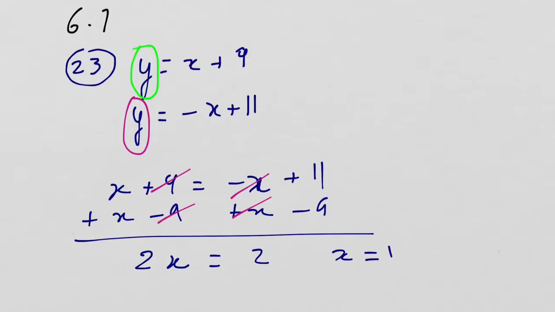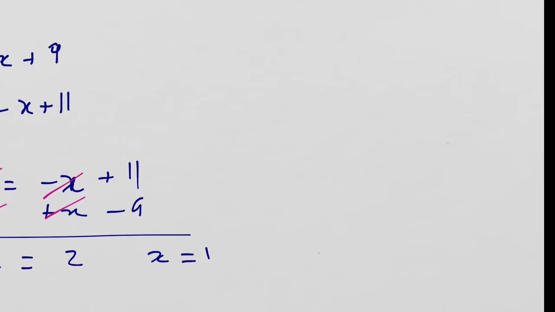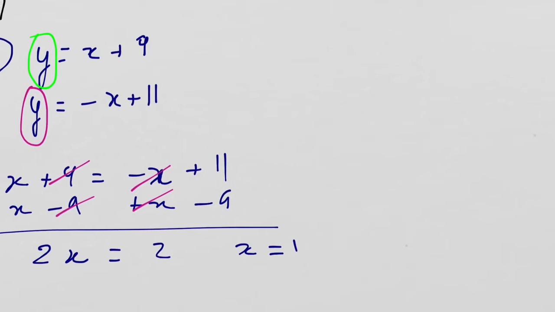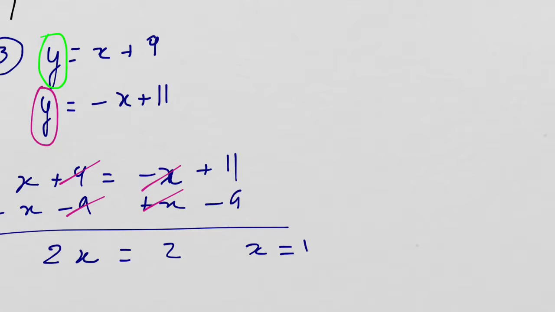Now, because x equals 1, I can substitute x in both equations, and I'm supposed to find exactly the same value of y. So when I look at the first equation, y equals x plus 9, y equals, oops, it's supposed to be a 1. So y equals 1 plus 9, which is going to be y equals 10.